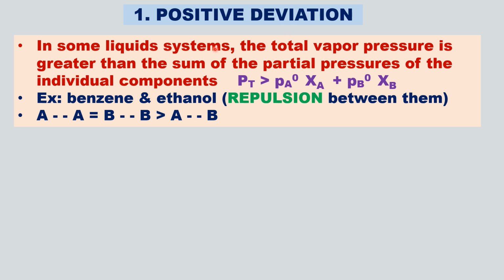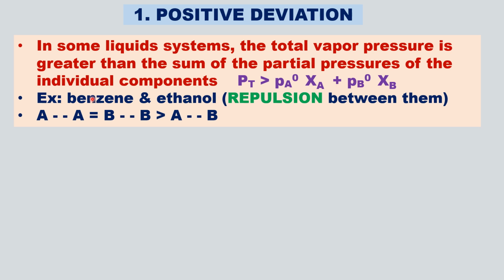In some liquids, for example A and B, the total pressure is greater than the partial pressures of the individual components. That is, the total pressure is greater than the partial pressure of component A plus component B. Okay, what is the reason?